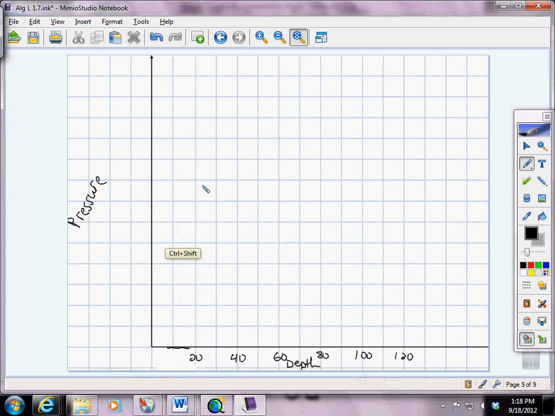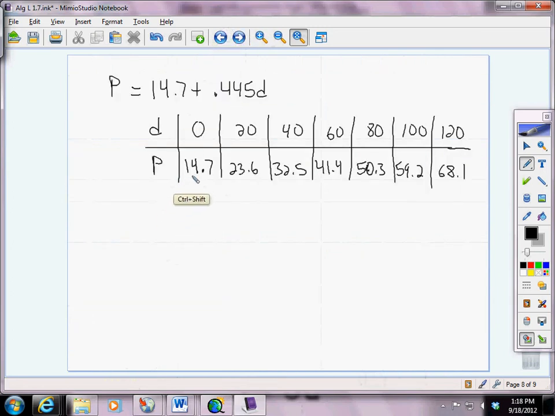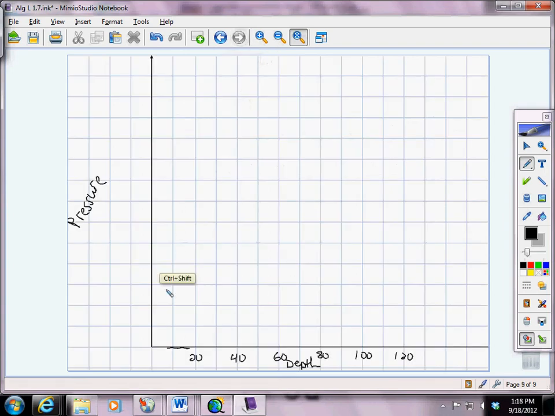And then our pressure is going to go from 14.7 to 68.1. So let's go along the side 10, 20, 30, 40, 50, 60, 70, 80. That should be plenty.